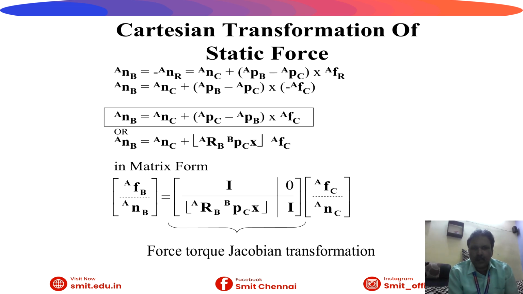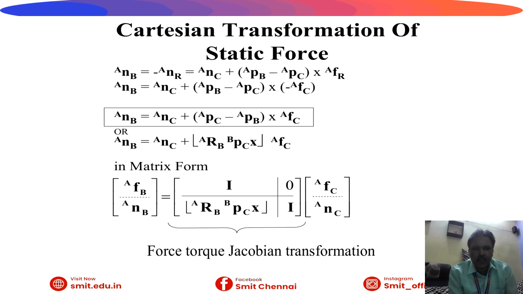Upon simplification, you will get ANC plus APC minus APB into AFC, because you took the minus common, and minus into minus becomes positive. Again, we can write this as a product of these two terms.